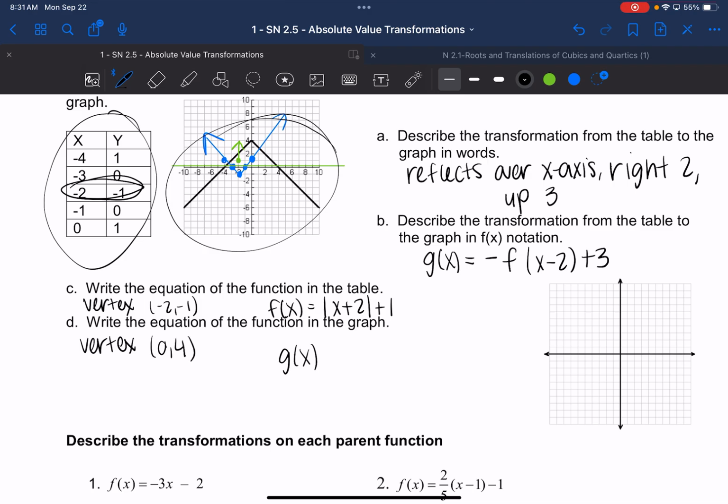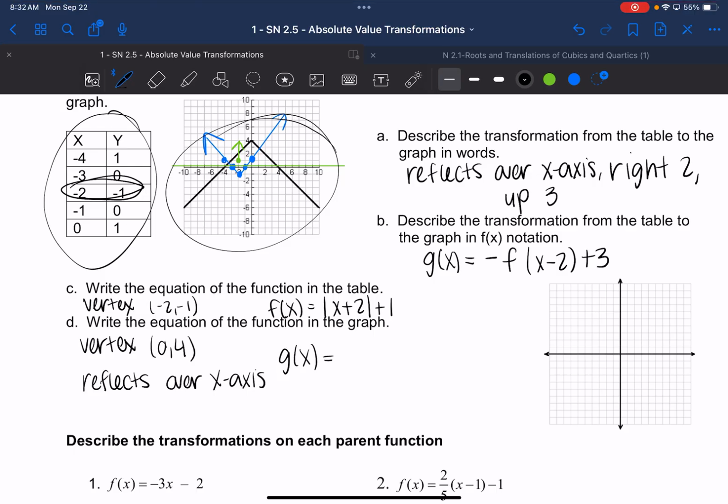Okay. And on top of that, we said not only did the vertex move, but it also was reflected over the x, right? So when we write this equation, those are the 2 things we keep in mind.